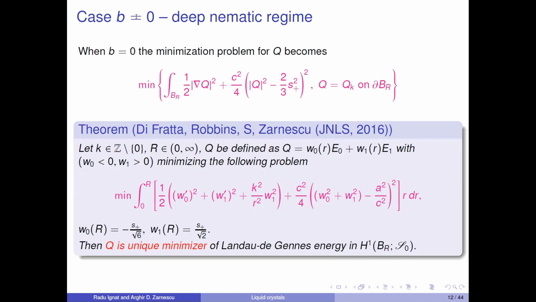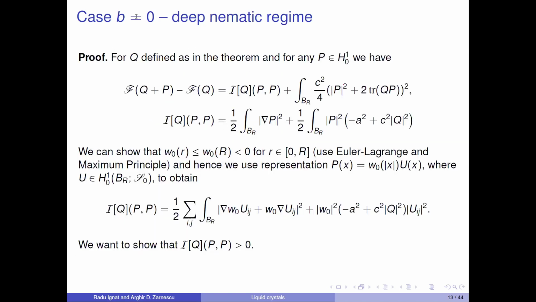Which is quite difficult to get in general, as you saw from Radu Ignat. But here it was quite cheap because it has a special structure. There isn't much coupling in the absence of that B. So let me tell you a bit how it works. You compare the minimizer with a perturbation.